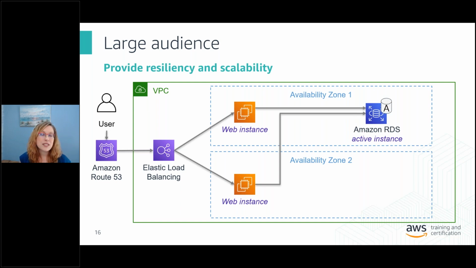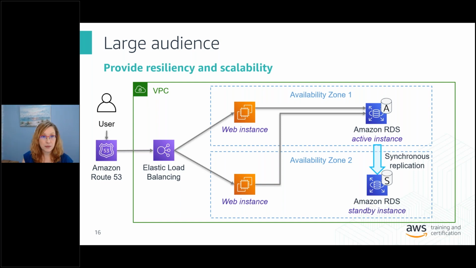Now, with Amazon RDS, we create what is called an active instance. This is the primary Amazon RDS database. Now, all database requests from both of our web instances in the two AZs are going to go to that single active RDS instance. Now, for the purpose of resiliency, Amazon RDS allows me to create what is called a standby instance. Now, this standby instance will be in the second availability zone.